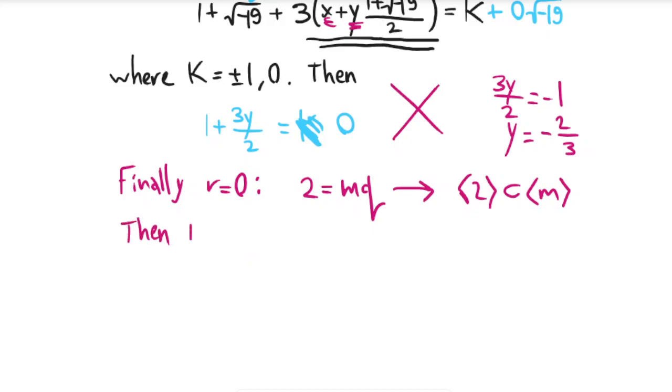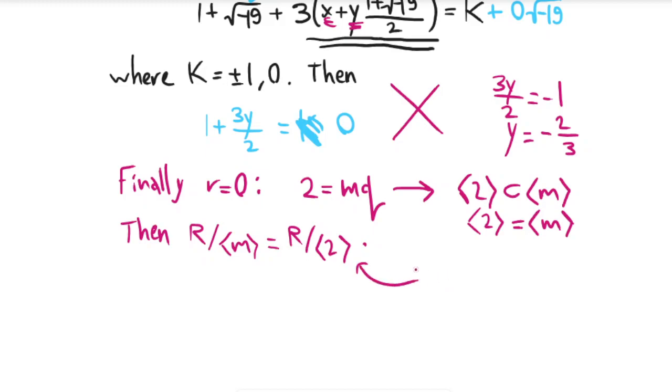So then, similar argument to the previous case, the ideal generated by 2 has to equal the ideal generated by m, because the ideal generated by 2 is maximal. So this tells us that these two quotients are equal. Right, and so we can make a similar argument as before, that now the cosets of this quotient are represented by plus and minus 1 and 0.